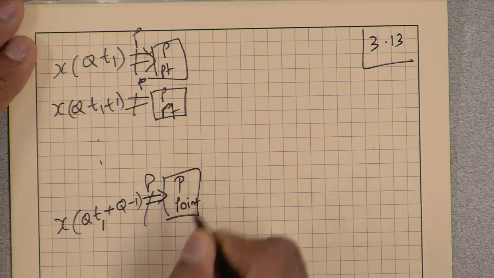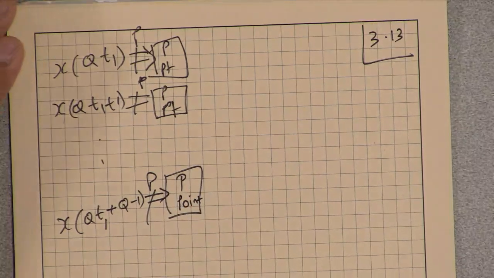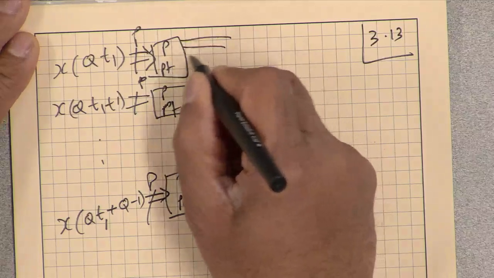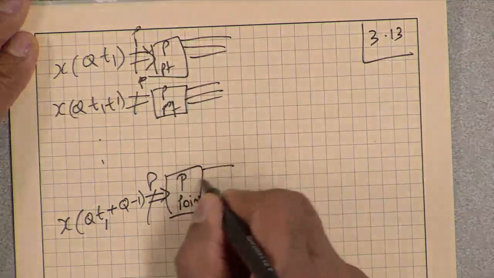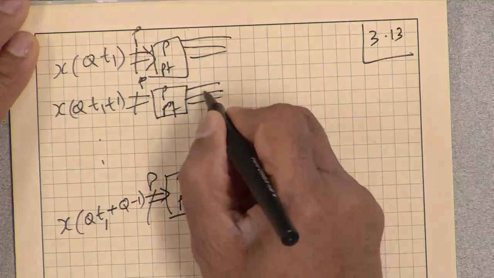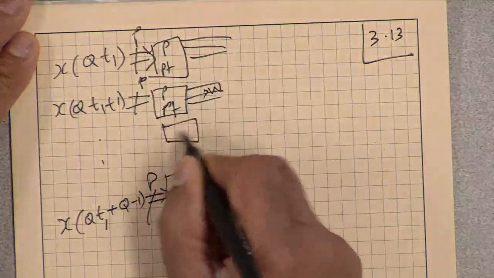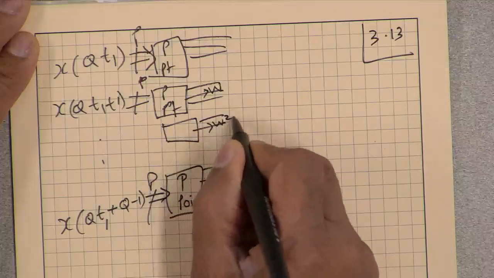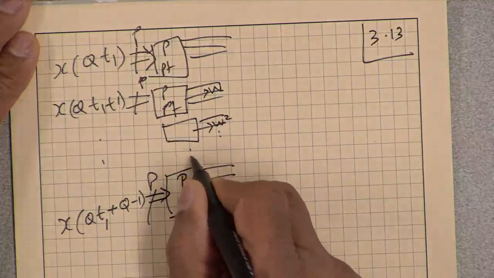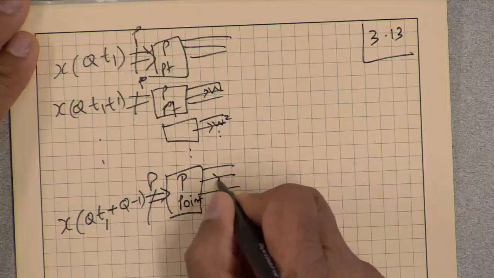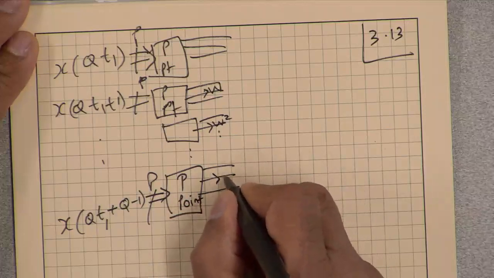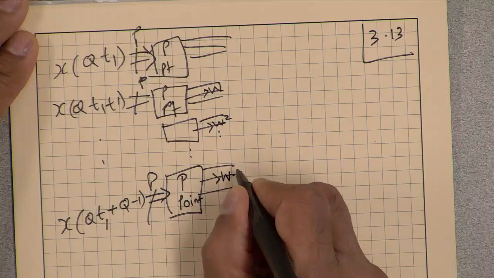So we have Q P point DFTs, and then there will be these twiddles. These are all ones. This will be W, and the next one will be W squared. I'm not going to write this all out. This quantity, however, will be W to the power P minus 1.